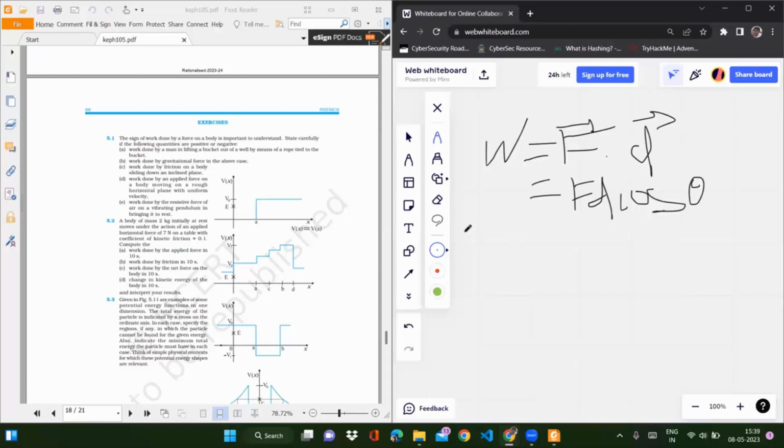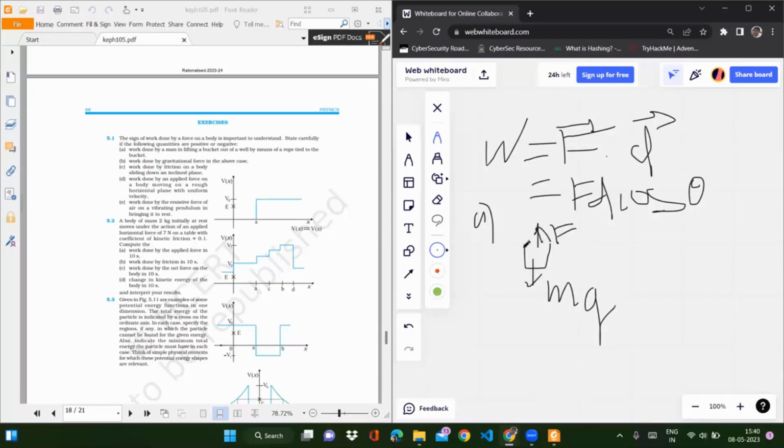The first exercise is work done by a man in lifting a bucket out of a well by means of a rope tied to the bucket. In this case, the work is done by the man on the bucket. If we take this to be a bucket, then downside mg is acting upon it, and upside the man is applying the force.